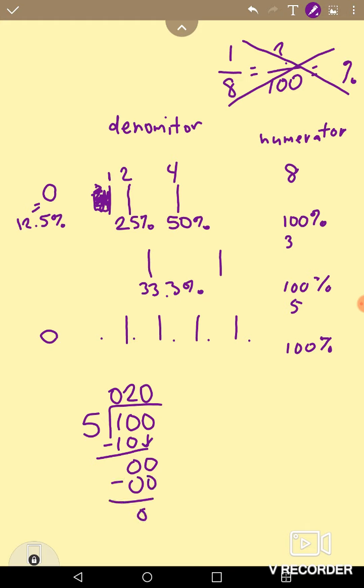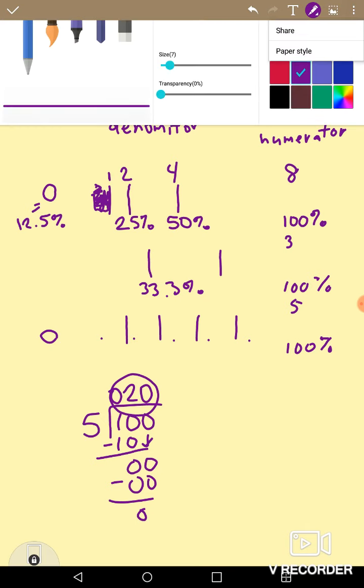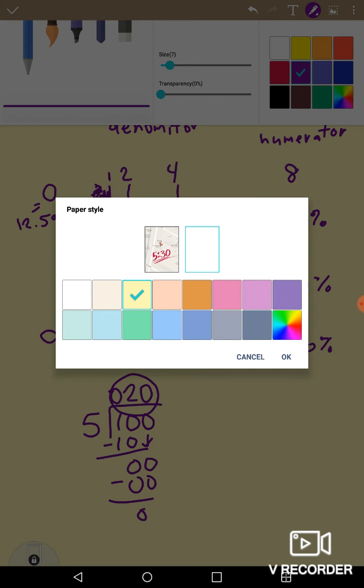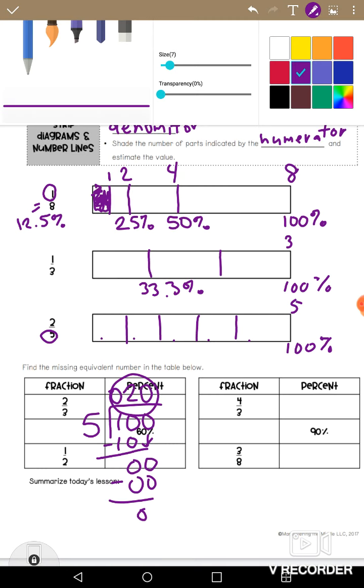So that's 20, just one of the parts, because we divided the whole thing by 5, and that's 20%.